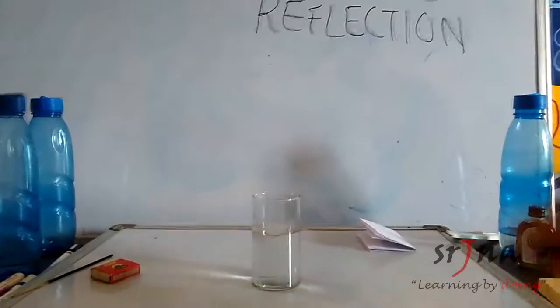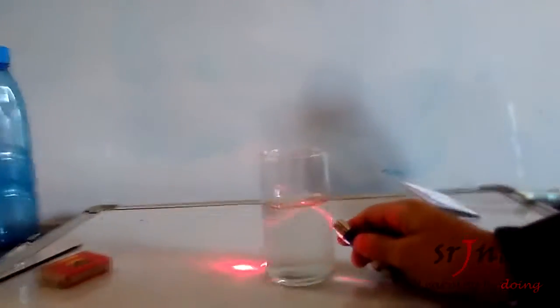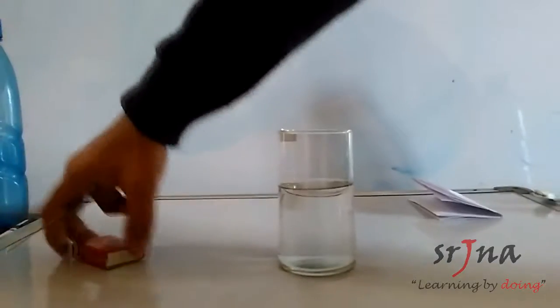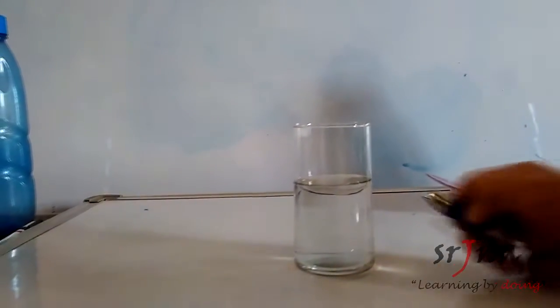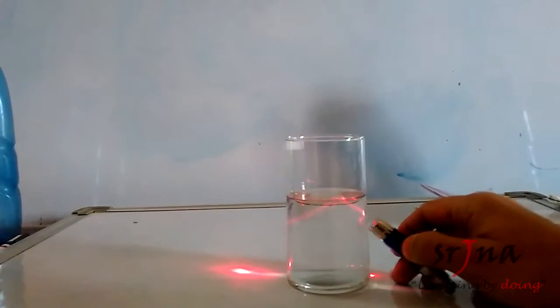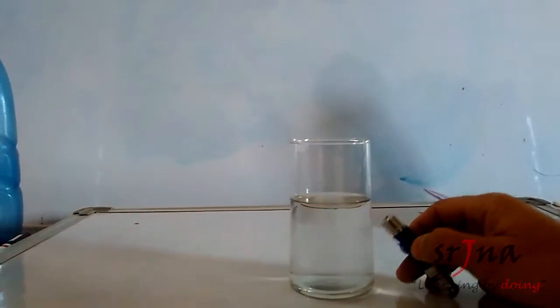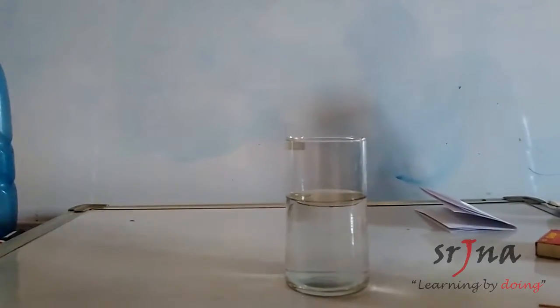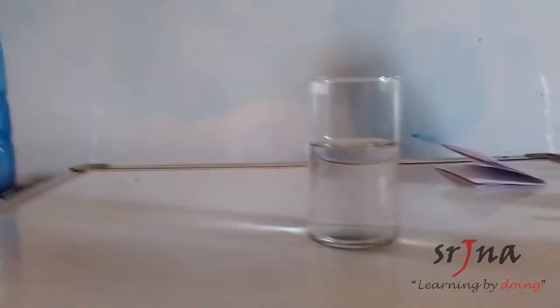Now I'll be passing this laser beam through it, but before that, this is what we call reflection, where it is reflecting back. But there needs to be some sort of refraction as well, right? When there is a change in refractive index, refraction takes place.